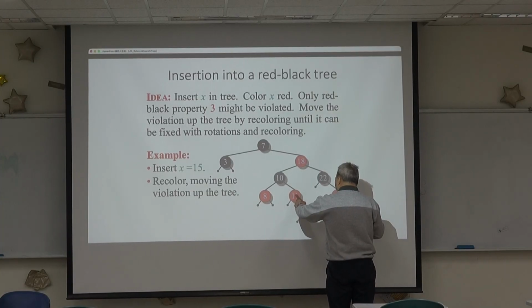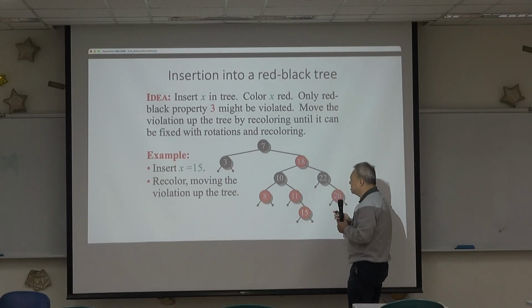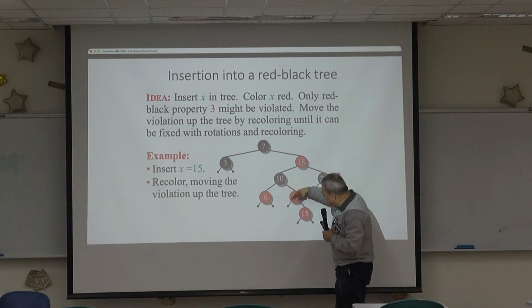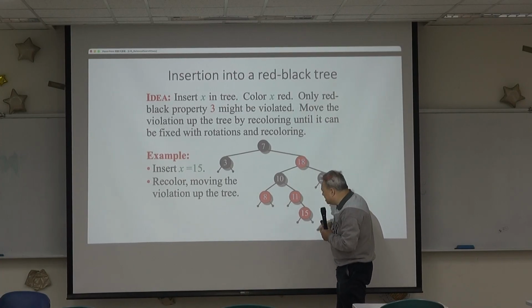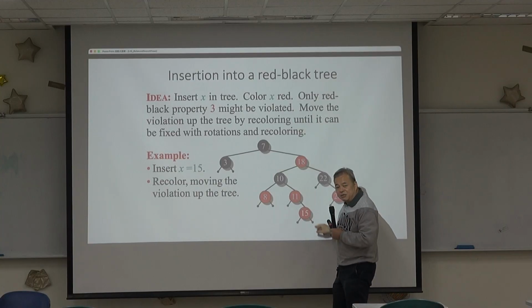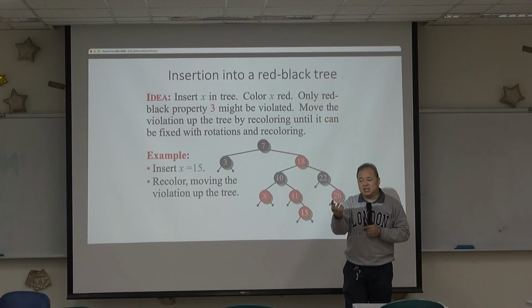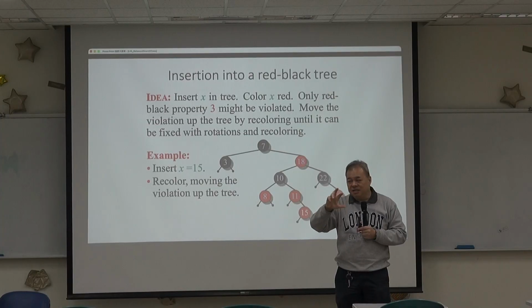But when you change this one to black, obviously, from this node, this branch's black height increases, right? If you don't change anything here, the black height will be different on two sides, right?